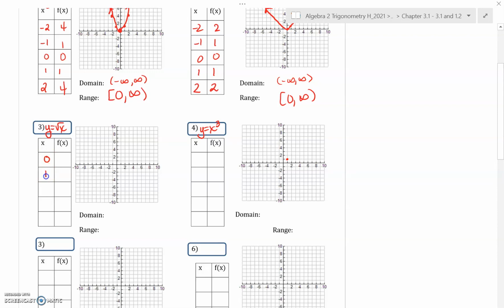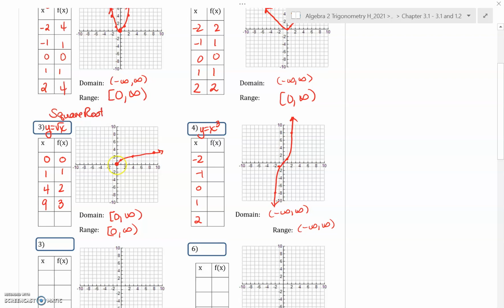I'm going to pick perfect squares like 1, 4, 9. I certainly wouldn't pick something like 5, because that wouldn't be very easy to do. And then over here, I think I would pick the -2, -1. But again, you can pick anything you want. I'm going to have you pause the video and fill in the table, sketch the graph, and write the domain and range.